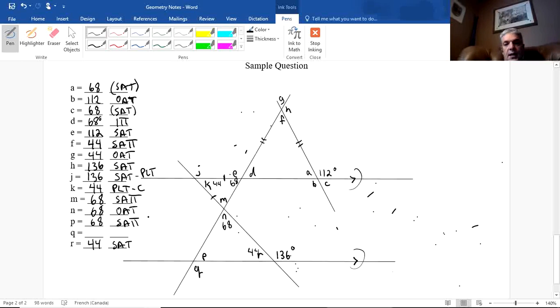And then the last one is Q. So if I know this is 68, it's 180 minus 68, which works out to 112 degrees. So just double check that, 180 minus 68, and in fact it is 112 degrees, SAT. And there you have it.